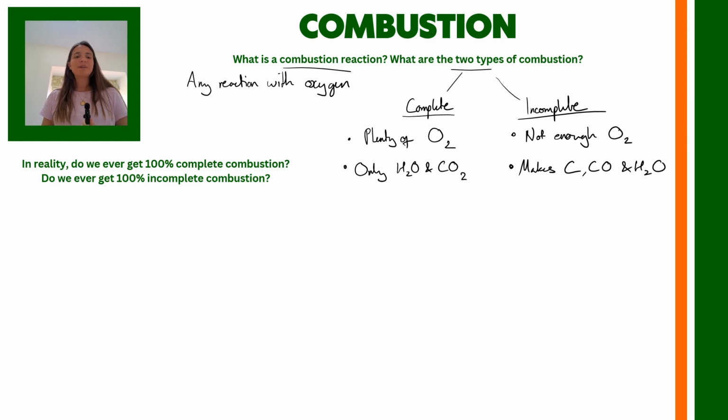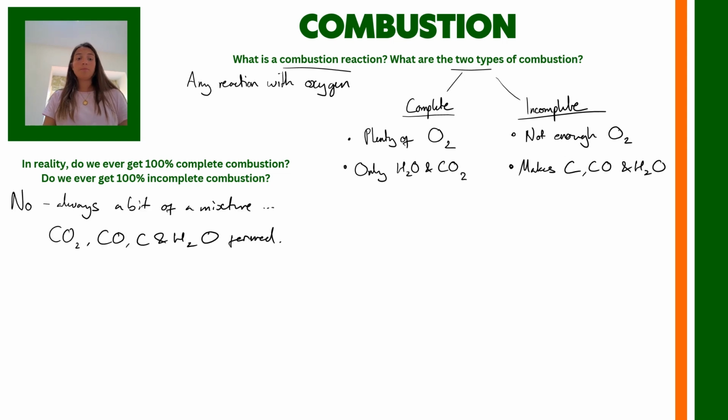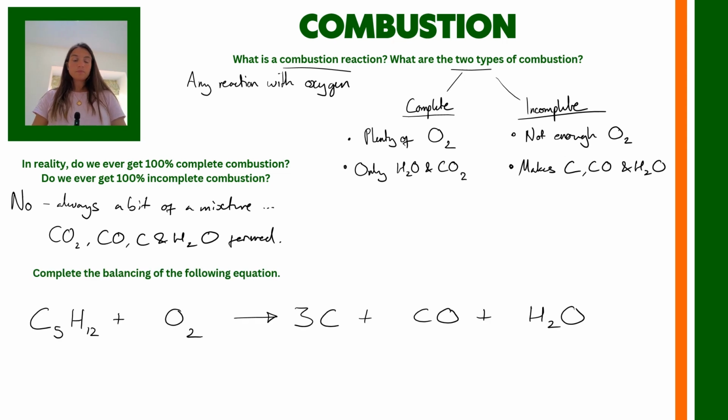So in reality, do we ever get 100% complete combustion, or do we ever get 100% incomplete combustion? No, it is a bit of a mixture. So you get a list of all of those products really in these combustions.